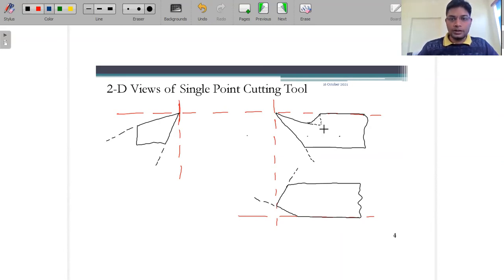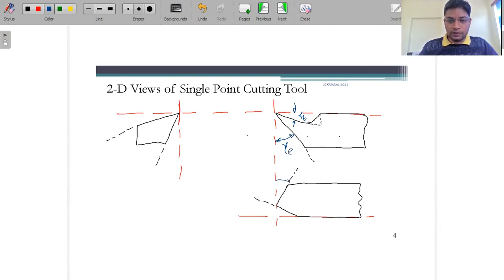Okay, so this is the back rake angle, this is alpha B. From this view, this is the side cutting edge angle, that is CE. Sorry, this is the clearance angle, not the cutting edge angle, this is gamma E, that is end clearance angle. From the end, this edge is visible.